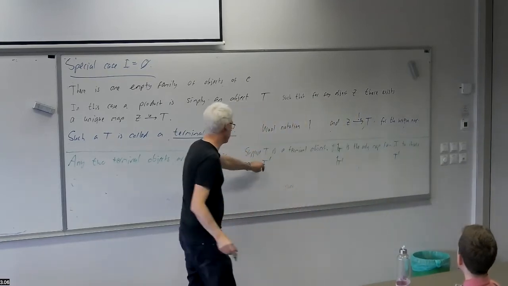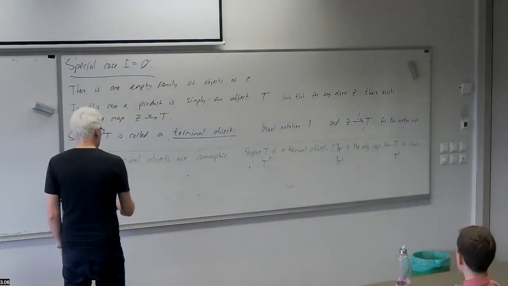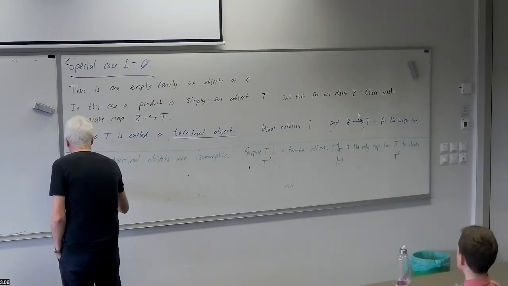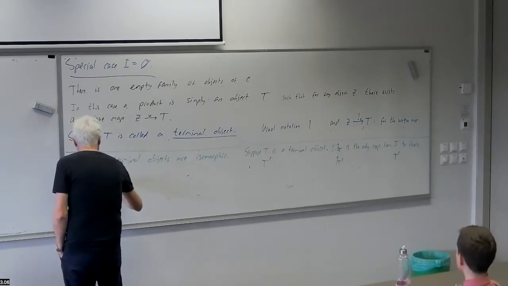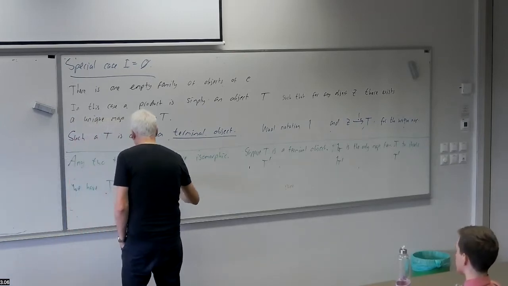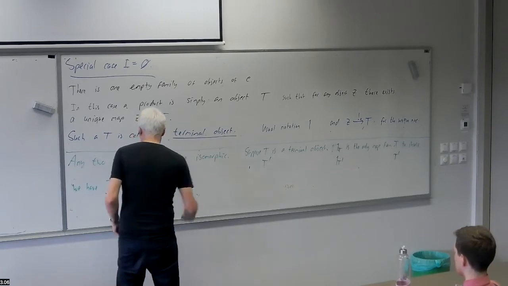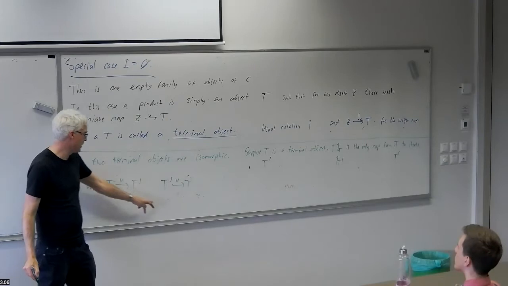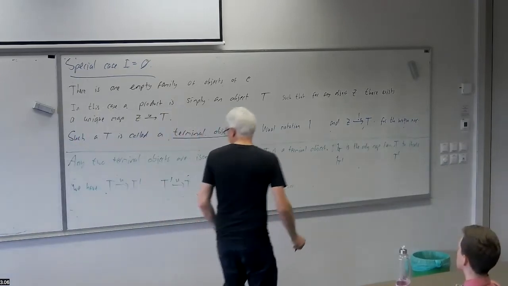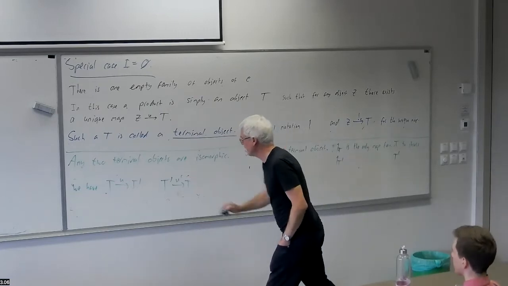So given two terminal objects, we have the unique map from T to T prime, which I'll call U, and the unique map back, which I'll call U prime. So this is because T prime is terminal, and this is because T is terminal.